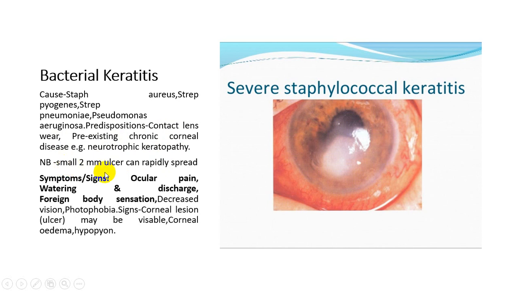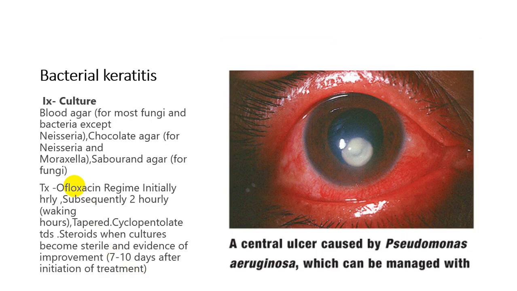You should remember a simple 2 mm ulcer can spread rapidly, so be careful. Symptoms: ocular pain, watering and discharge, foreign body sensation, decreased vision, photophobia. Signs: a corneal lesion or ulcer may be visible, corneal edema, and hypopyon. What is hypopyon? This is pus in the anterior chamber, right?